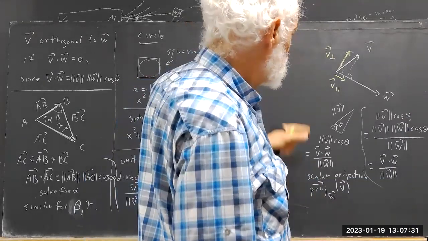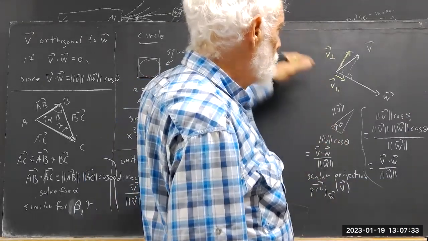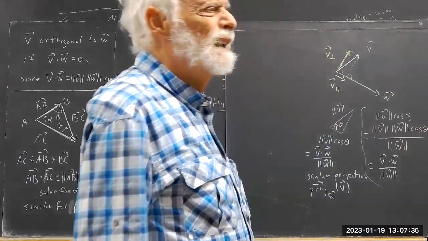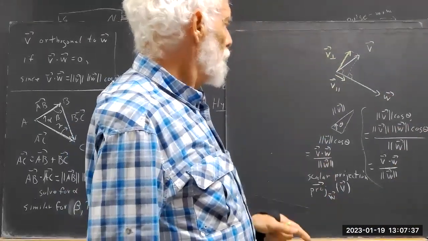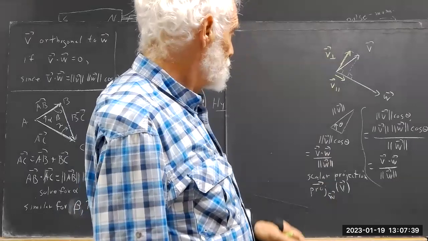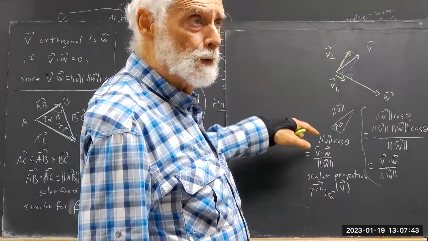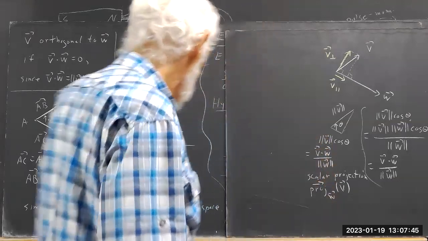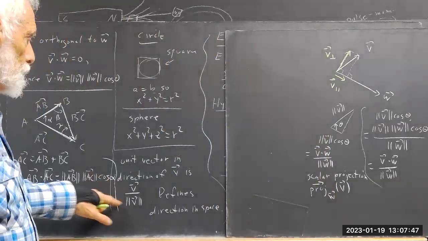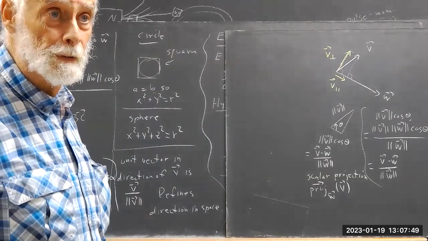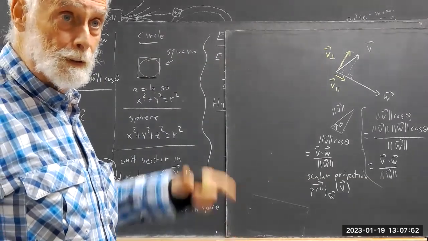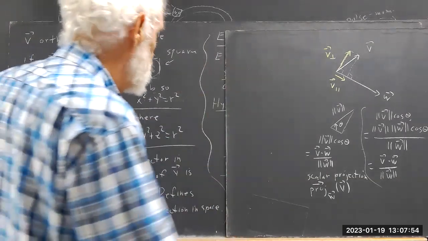So if I know what the scalar projection is, and I know the vector W, how do I get a vector whose magnitude is the scalar projection and that has a direction of W? Well, I just wrote down here that a unit vector defines direction in space. You put that idea together with what you need here.